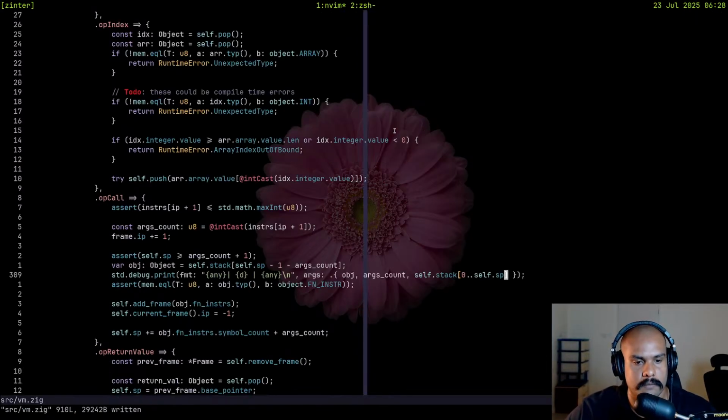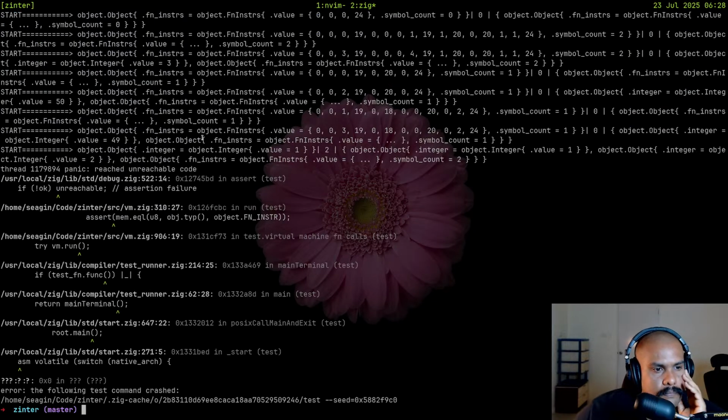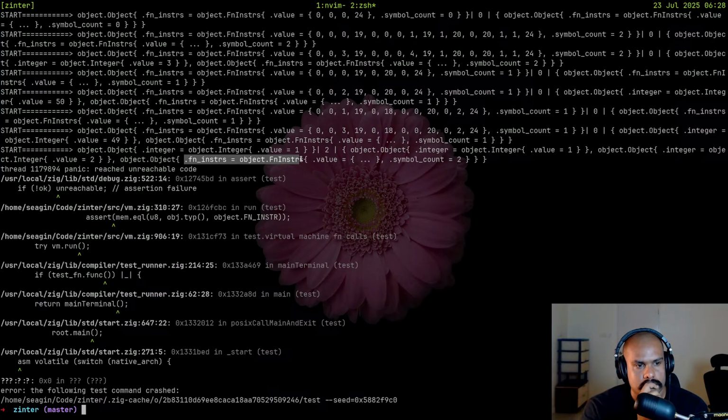Yep, it's not very readable. Okay, stack is here, integer. What the fuck? Oh no, it's actually correct.